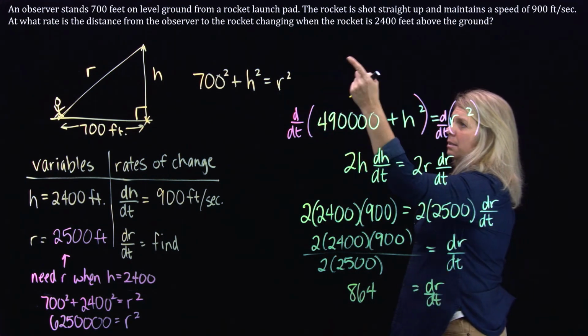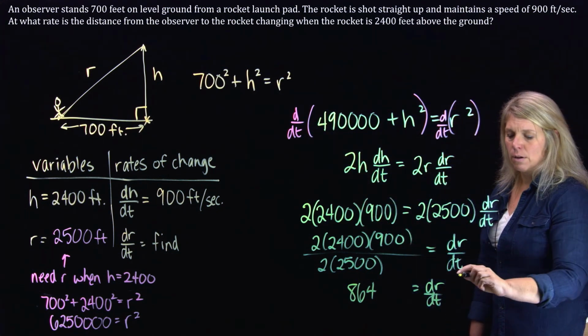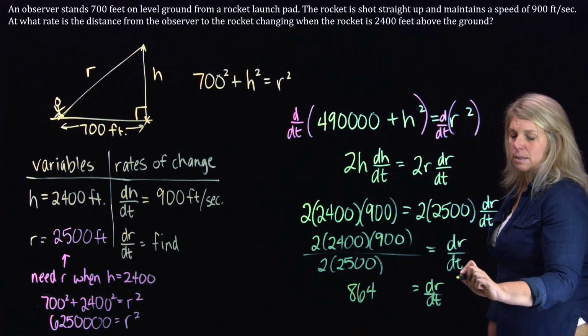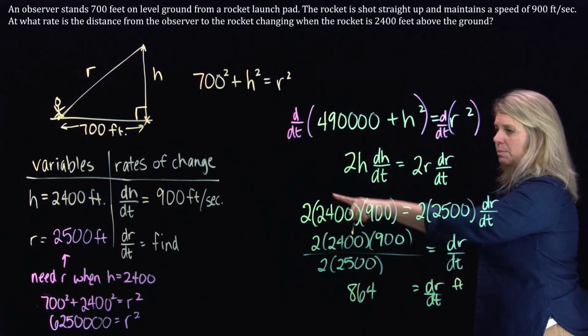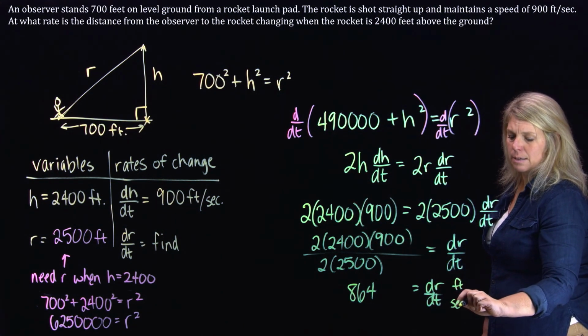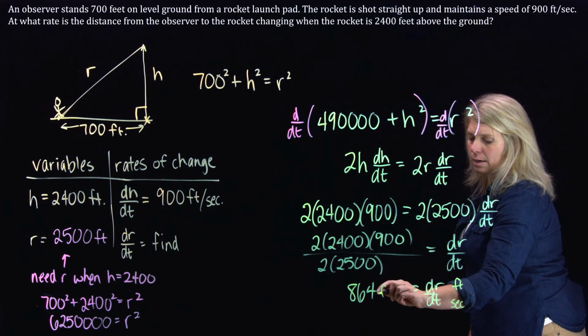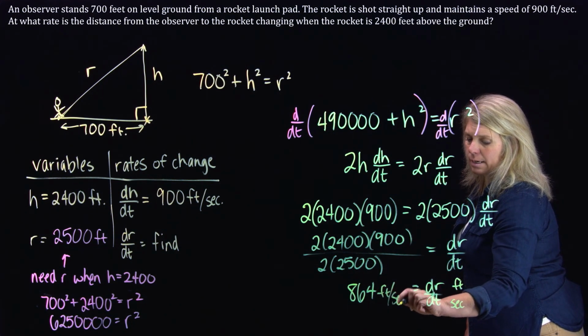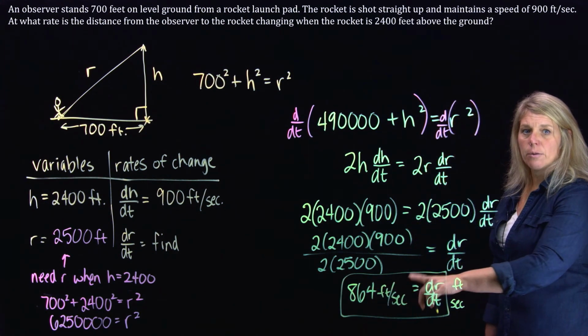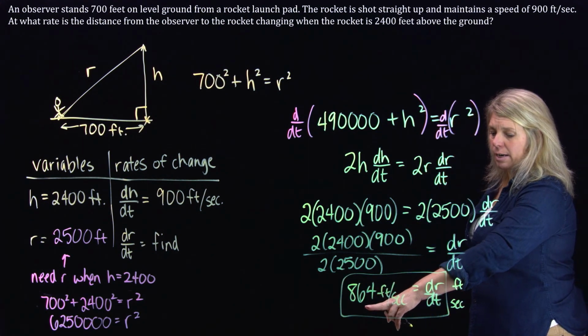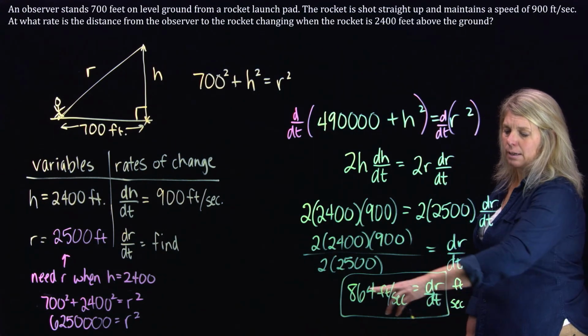R is a distance along a side of a triangle, so that would be measured in feet. Our distances in this problem are measured in feet, and time in this problem is measured in seconds. So this would be a rate of change in feet per second. Since that's a positive rate of change, I know that that r value is increasing. Positive rate of change, so r is increasing at this rate.